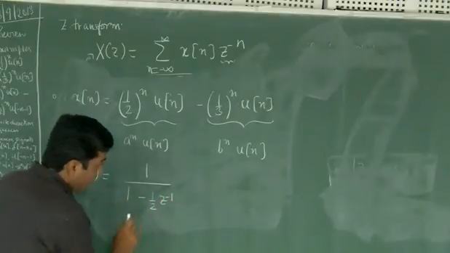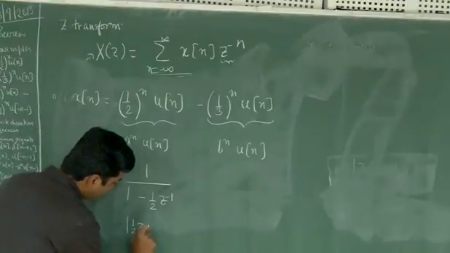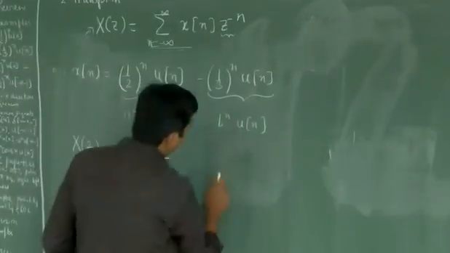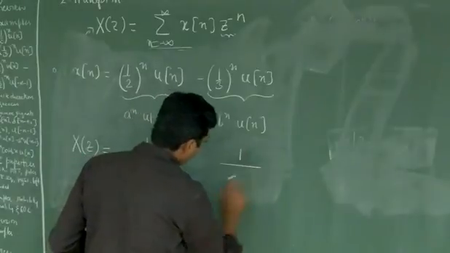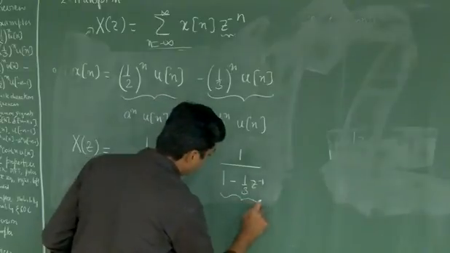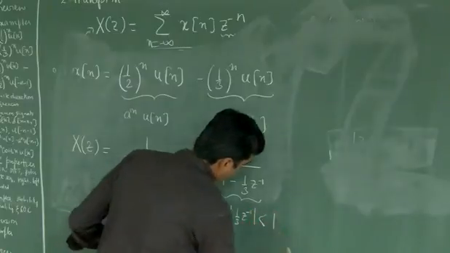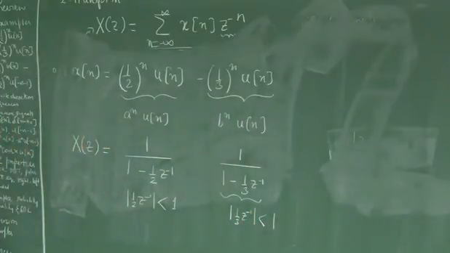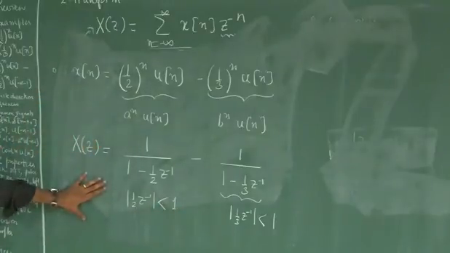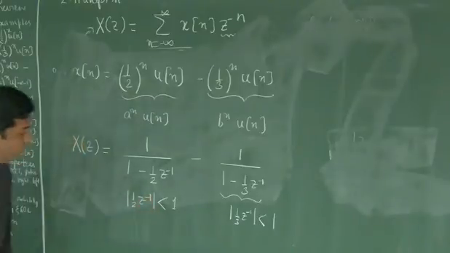Okay, and we have to be careful, right? This is for the case, this is right, and if we do the same thing here, this is for the case, correct, and this thing goes here. Now I want to specify the ROC such that this is true for, yes, for both cases, right?